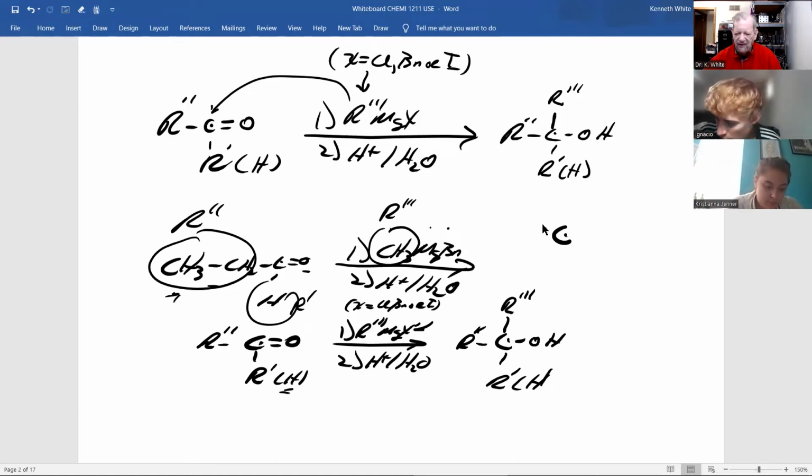Here's my carbonyl carbon. What's attached to it? R prime is a hydrogen, R double prime, ethyl. It opens up to an alcohol, and now I make that very special thing, a carbon-carbon single bond to my R triple prime, and I have a methyl group. And that's how we do it.